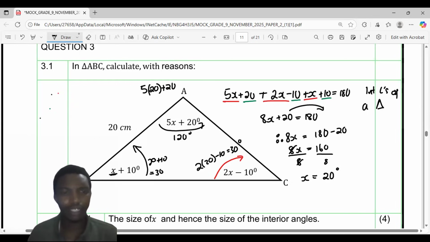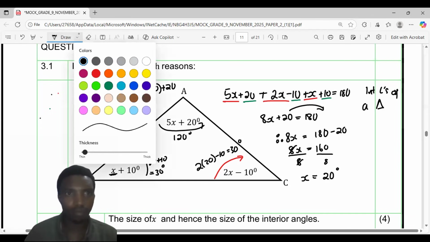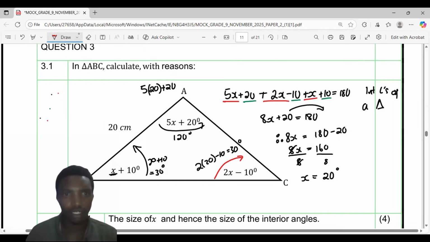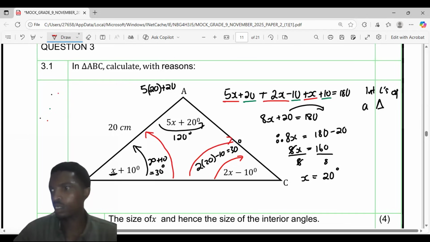What can you tell us about these angles? It's an isosceles triangle, two angles are equal. Those two are equal.